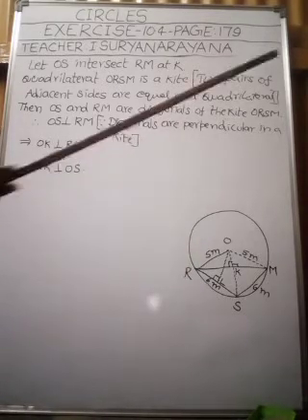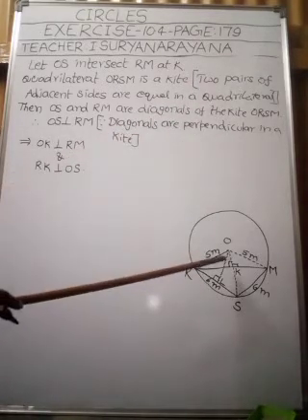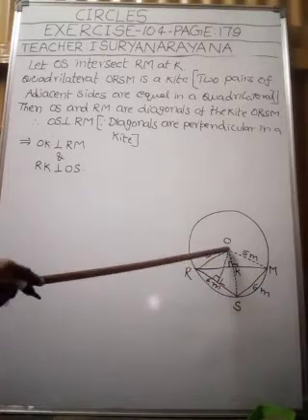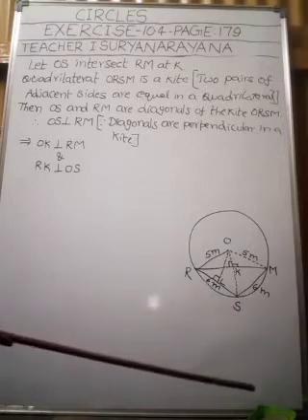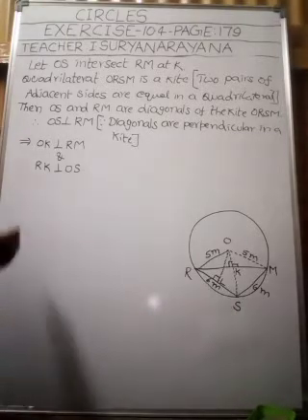Right. Now let us take the line OL. We have drawn OL perpendicular to RS. Yes or no, my children?